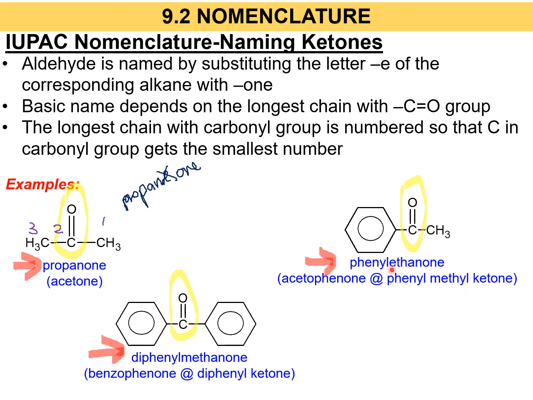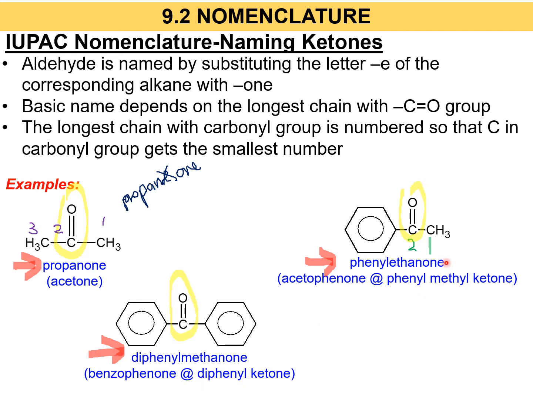How do you know this is phenyl ethanone? If you can see here, there are 2 carbons. This will be carbon number 1, this will be carbon number 2. When you name an alkane with 2 carbons, it has to be ethane.